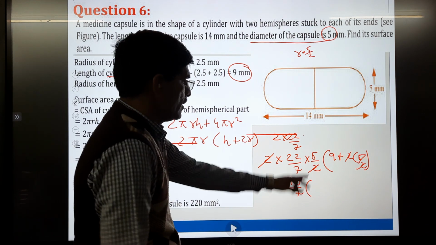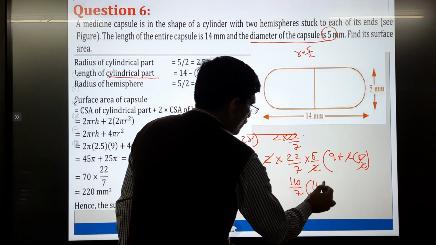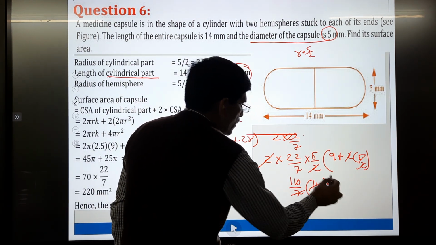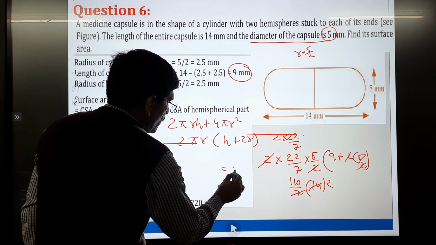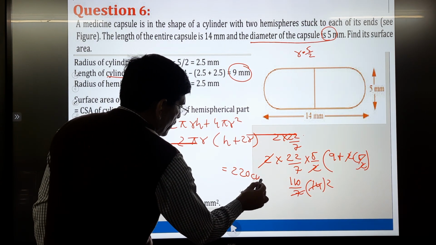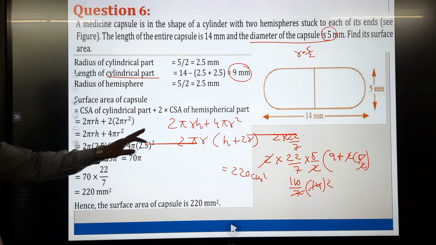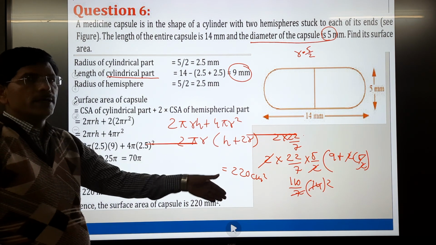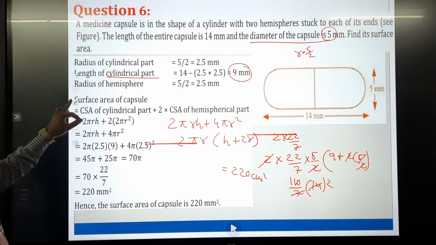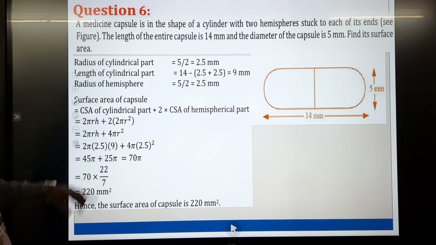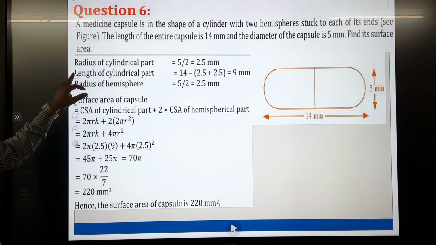And here it is 40. So we can get the answer 220 centimeter square. Same thing here, 220 centimeter square. But it is better that you make it common and then solve the sum. So that is question number 6.